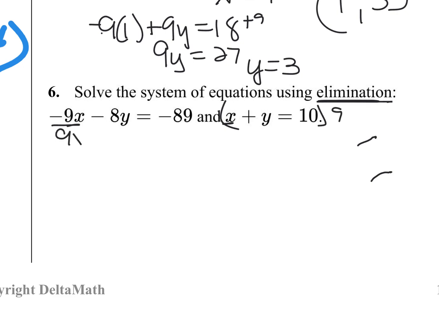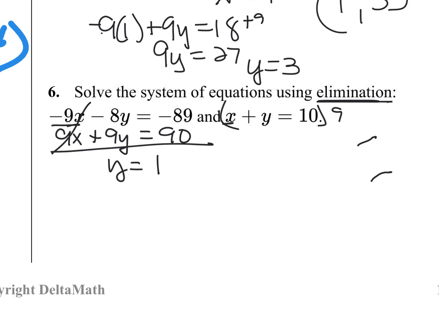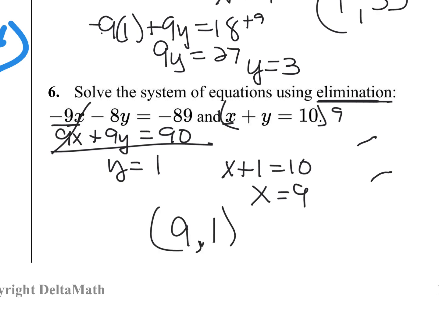So 9x plus 9y equals 90. So now if I add those together, that cancels. And I have y equals 1. Okay, and then I'm going to plug 1 into this y. So x equals 9. So my solution is 9, 1.